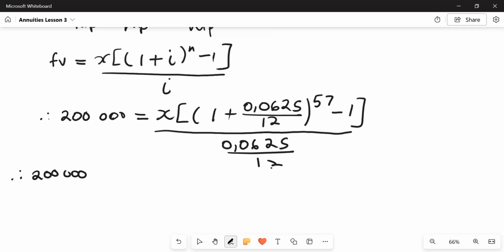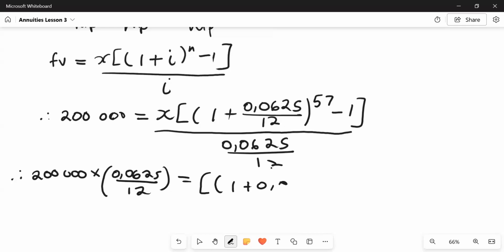Now you multiply both sides by 0.0625 divided by 12, right? And then you'll be left with what? 1 plus 0.0625 divided by 12.